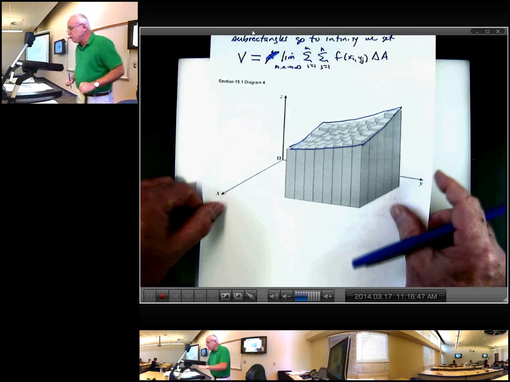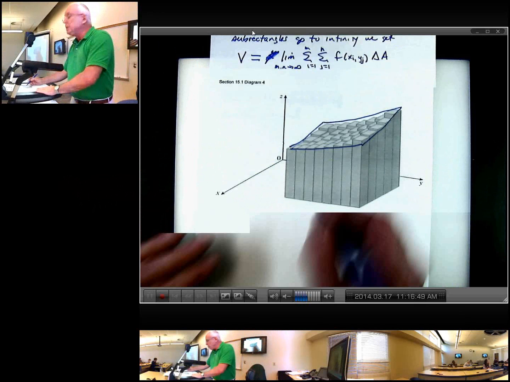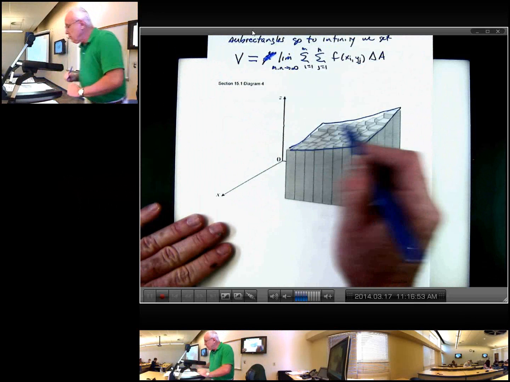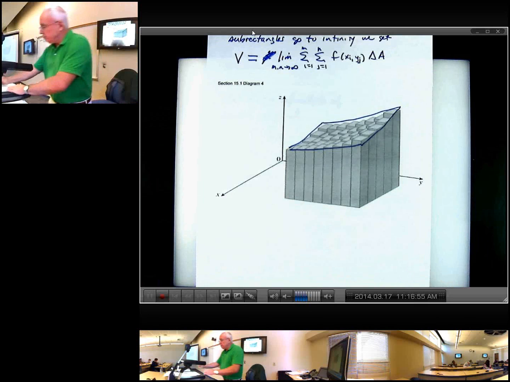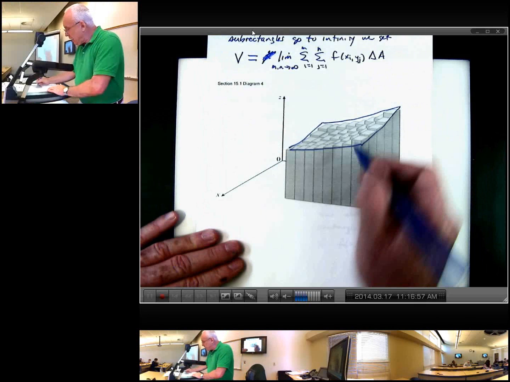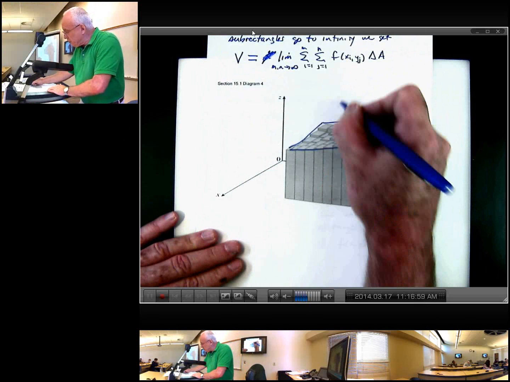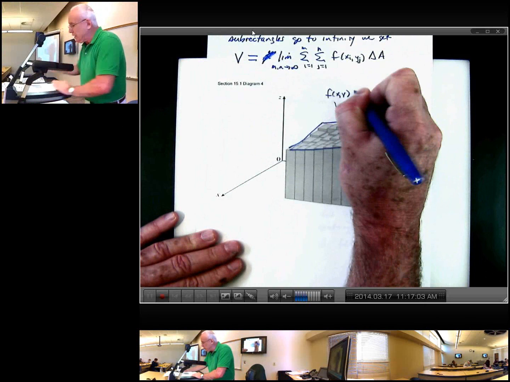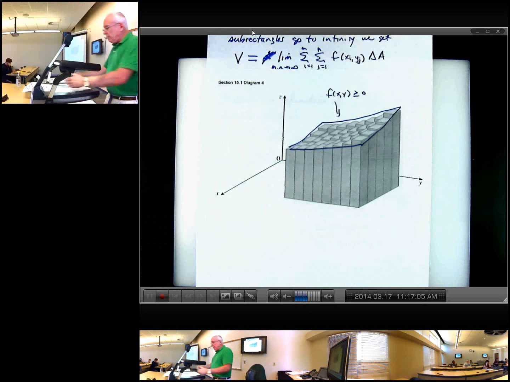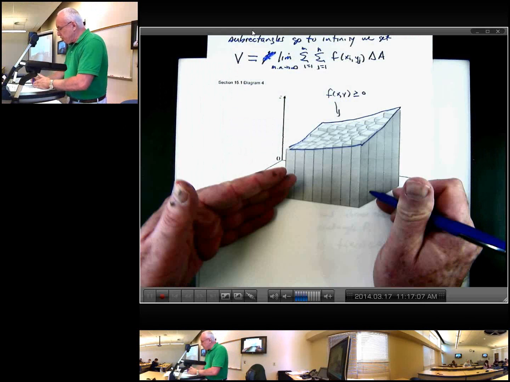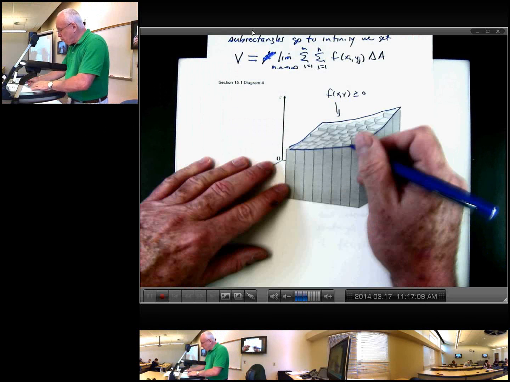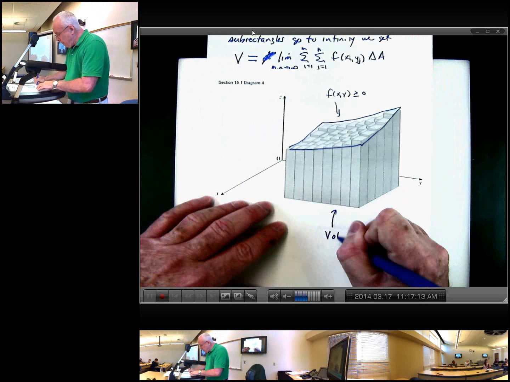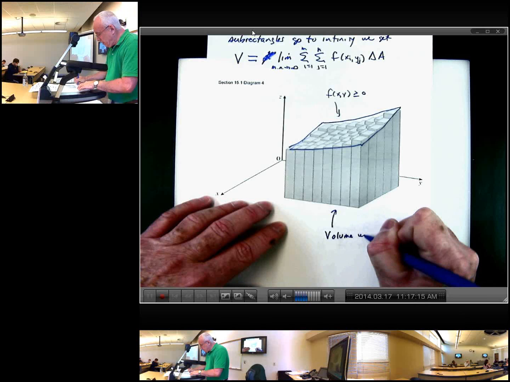Going back to this drawing, when we do the limit, we get tiny little subdivisions here, and this is our function, f of x, y being bigger than or equal to 0. When we add all this together and do the limit, this whole summation gives us the volume under the surface.